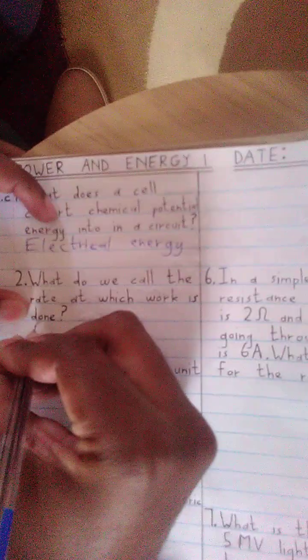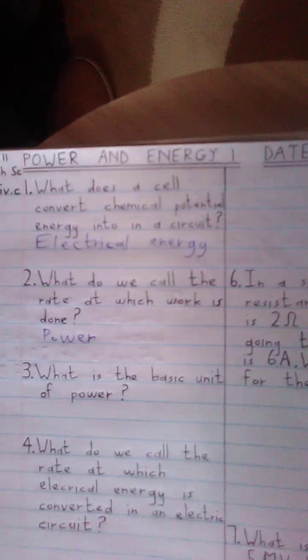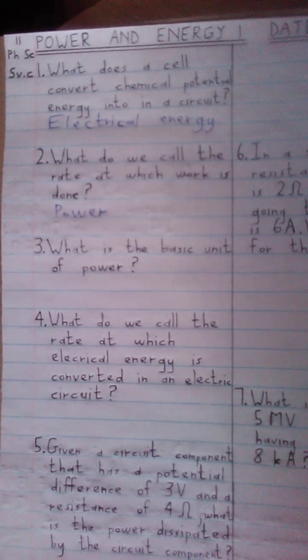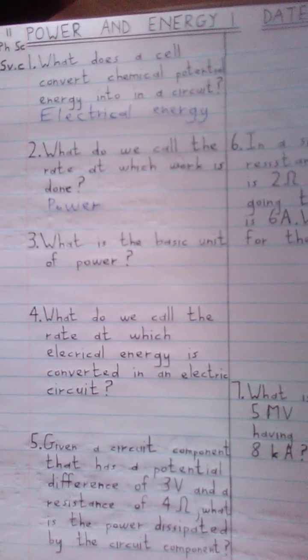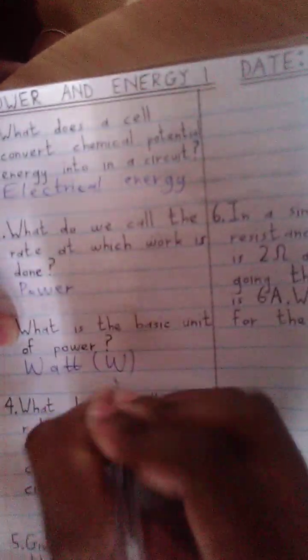Power is the rate at which work is done. What is the basic unit of power? The System International SI unit of power is the watt, capital W.